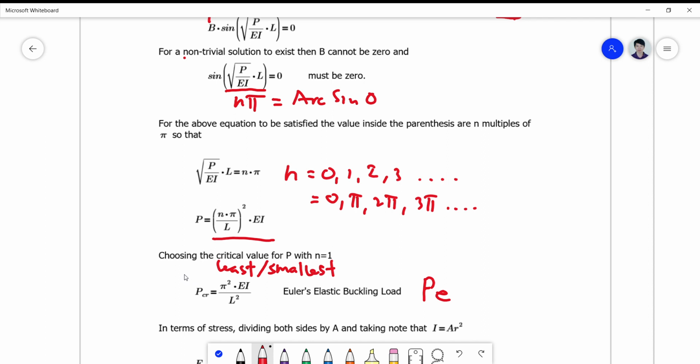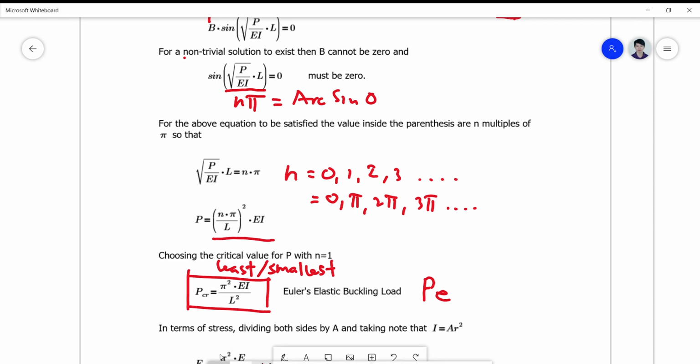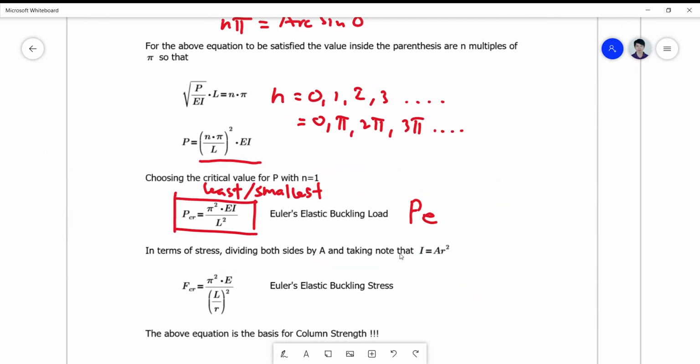So this is now 1 times pi squared over L squared times EI, which becomes your Euler elastic buckling load, which can also be written in terms of PE. The letter E here stands for Euler elastic, and the CR there stands for critical.